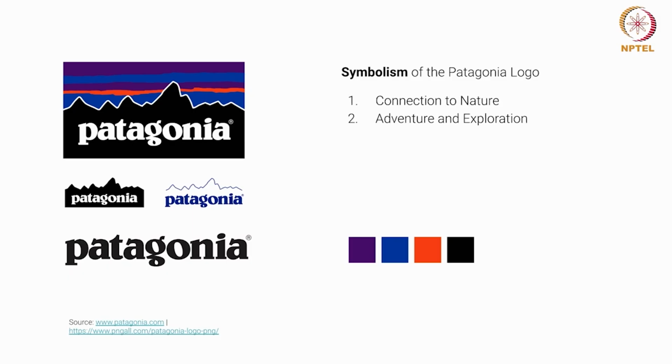So you can see how the product was made to address adventure equipment and apparel associated to that, right? And then again, regional heritage. The mountain is a hallmark of the Patagonian region, after which the company is named. Okay, and it serves as a reminder of the company's origin and enduring connection to the outdoors.